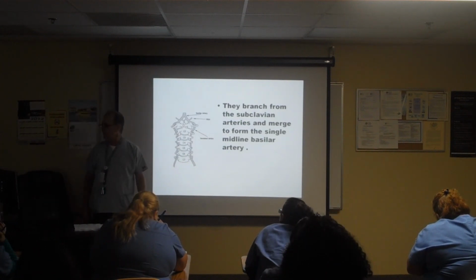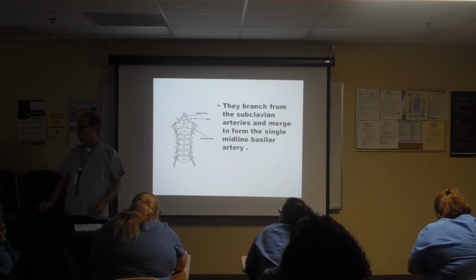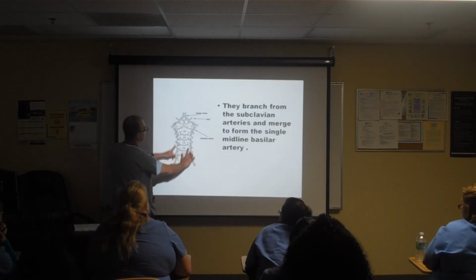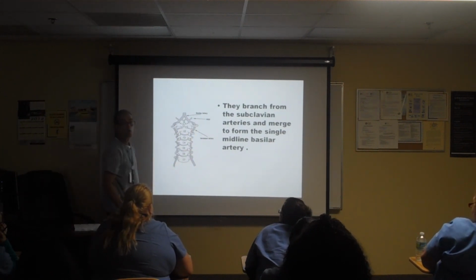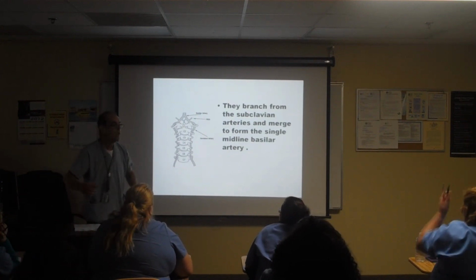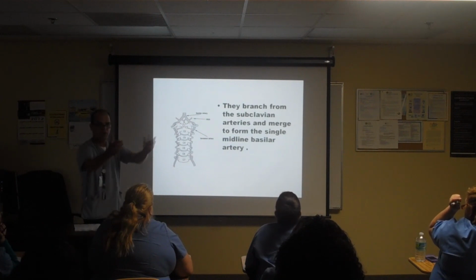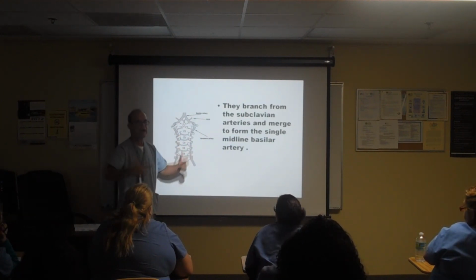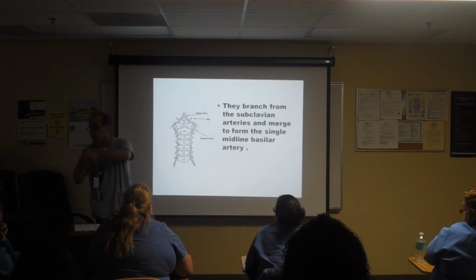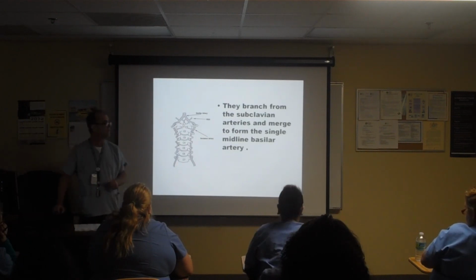The vertebral arteries branch from the subclavian arteries and merge to form the single midline basilar artery. The two vertebral arteries enter. What is the hole that we have in the occipital bone that they enter? The foramen magnum. Exactly. The arteries enter through the same hole. The foramen magnum is the big hole in the occipital bone.